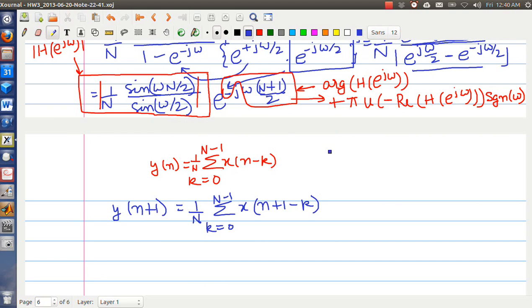What this means is the original sequence was simply starting at k equals 0, it was x of n plus x of n minus 1 and so on up to x of n minus n plus 1.